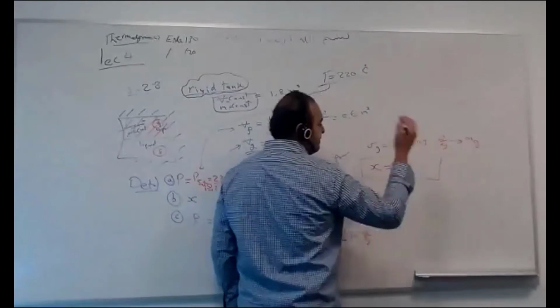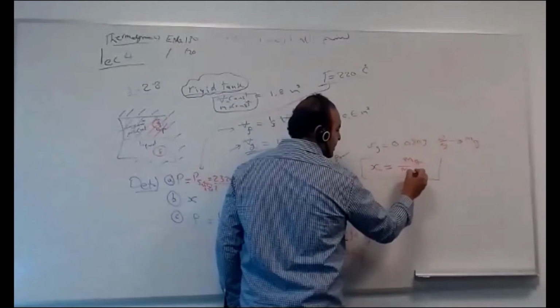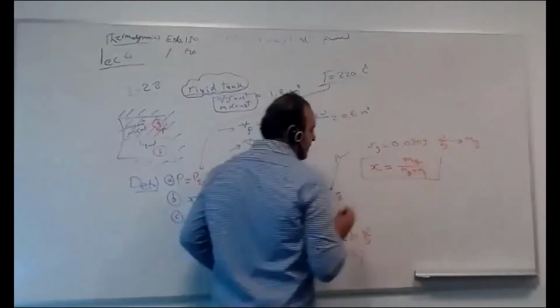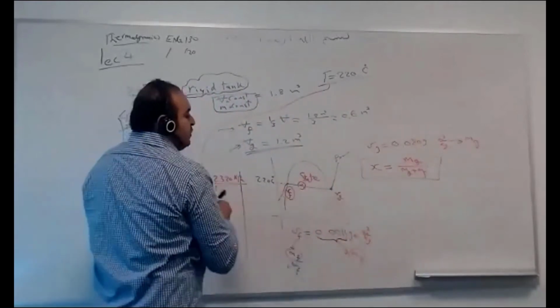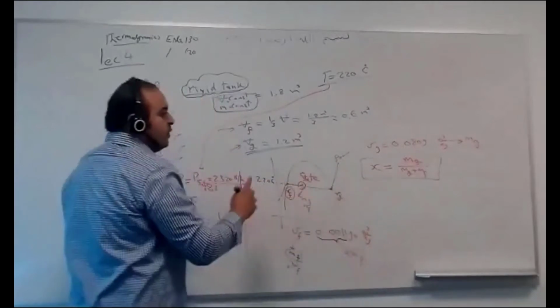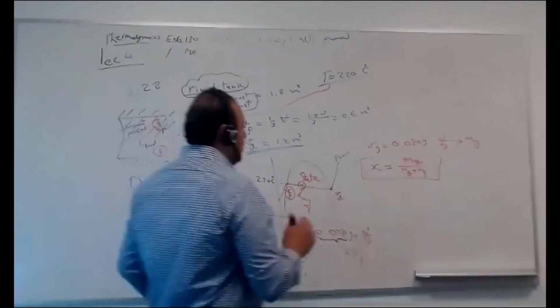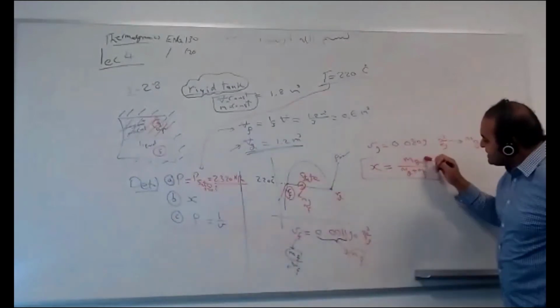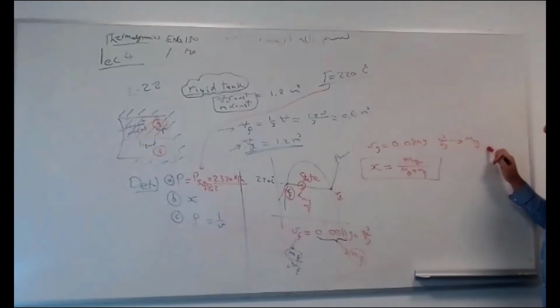We can use the original definition, which is mass gas over mass total. I do not know where this point is yet, but I know exactly mg and mf. Do not forget the original definition: the quality is the mass of the vapor over total mass.